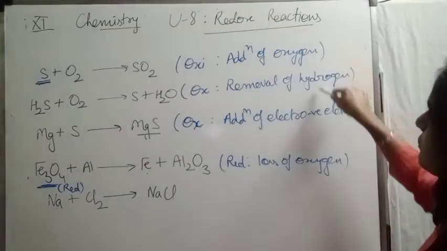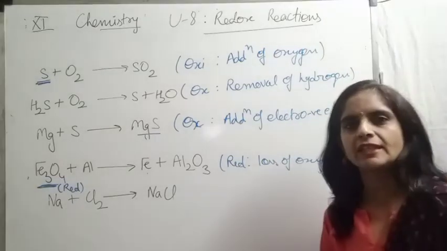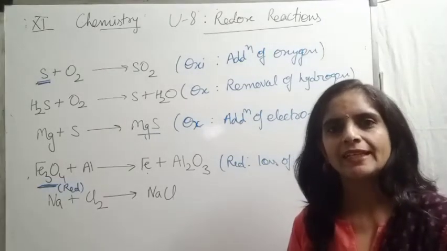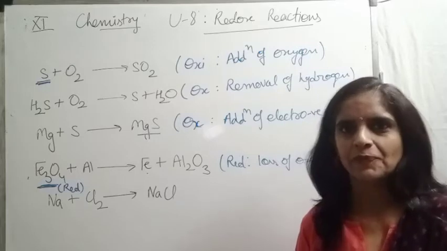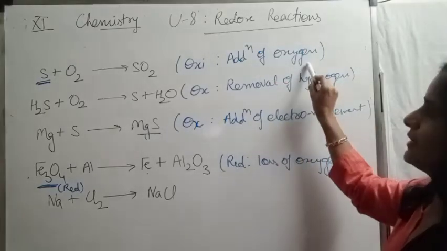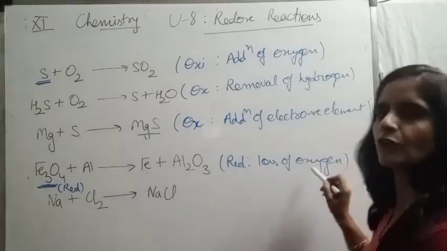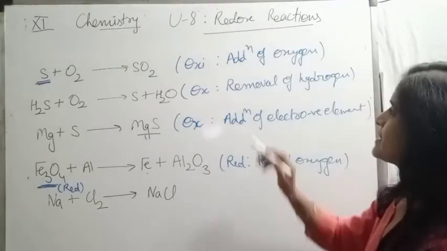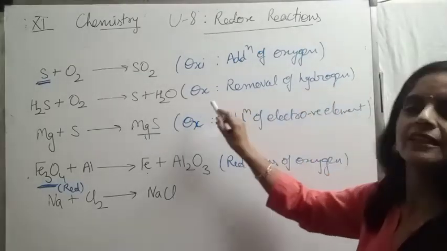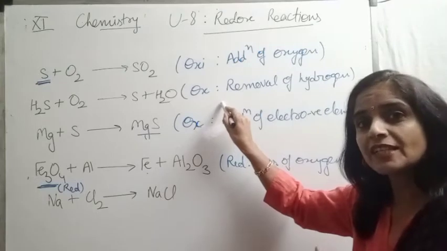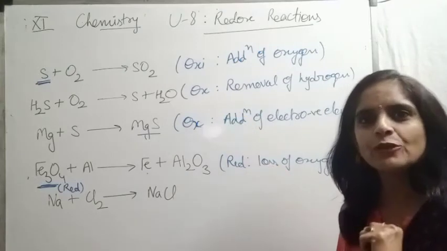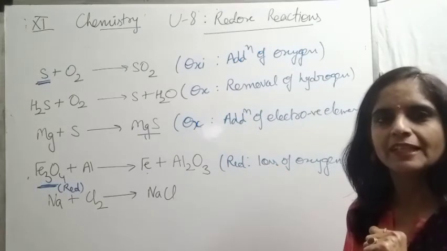So if these are the different ways to define oxidation, in the opposite way we can define reduction. Like addition of oxygen is oxidation, so removal of oxygen is reduction. Similarly, removal of hydrogen is oxidation, so for reduction we can say addition of hydrogen. Clear, children?